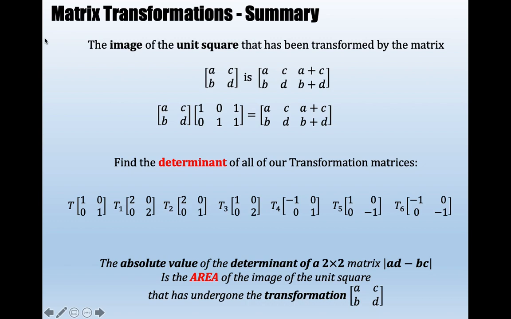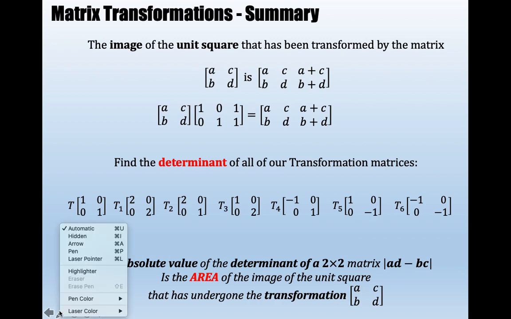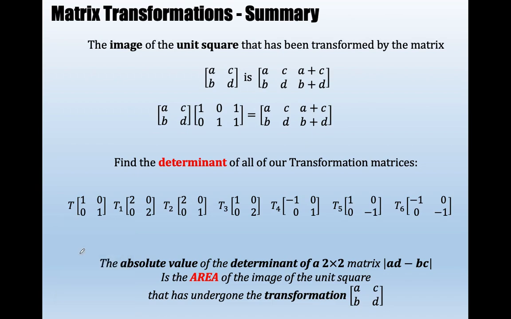The absolute value of a determinant of a 2 by 2 matrix is the area of the image of the unit square that has undergone the transformation A, B, C, D. The determinant of this 2 by 2 matrix is the product of AD minus the product of BC, and you need to take the absolute value because area needs to always be positive regardless of where you've placed the figure on the axes.